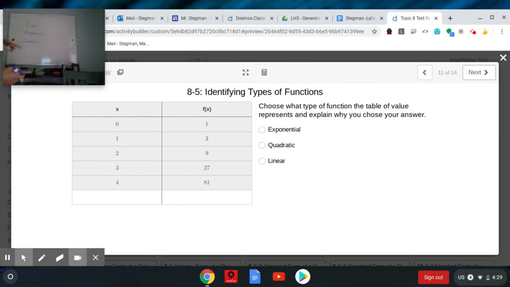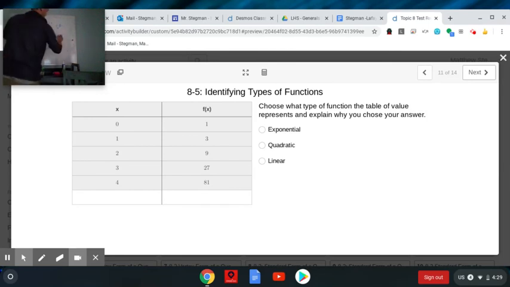Well, in a graph, a linear is a straight line. Exponential starts out increasing slowly and then jumps up. A quadratic is a parabola. Okay? Now that's all fine and dandy, but how do I tell looking at the table? Well, you could plot all the points, or we know that with linear, they add the same number each time.